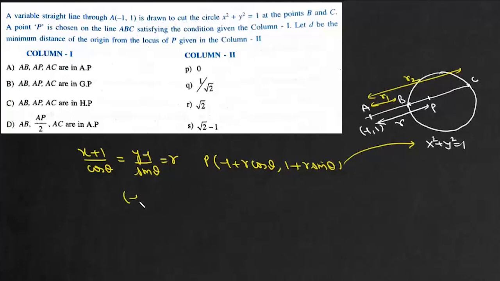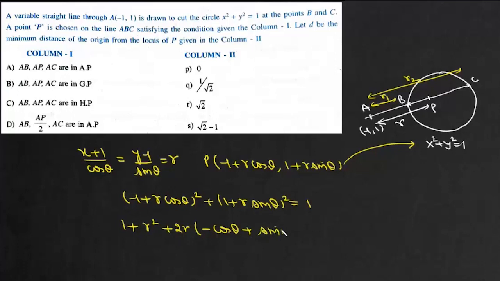So from here we can write (minus 1 plus R cos theta) square plus (1 plus R sin theta) whole square, it is equal to 1. Then we square it, we get 1 plus, now R square cos square theta plus R square sin square theta will be R square, and then we'll have plus 2R, and here it will be minus cos theta plus sin theta, and it is equal to 1, and here we'll have one more plus 1.